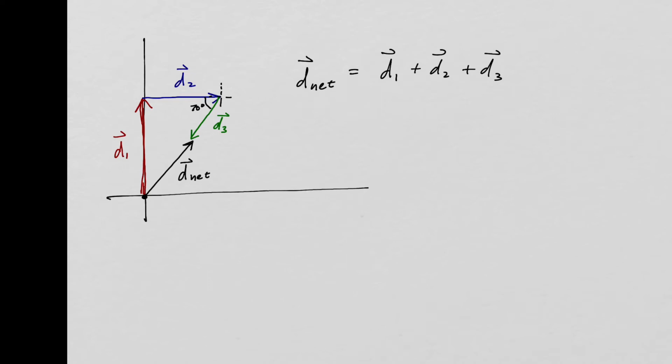Okay, so in order to answer this question, I need to find the components of each of those displacement vectors, of D1, D2, and D3 first. Then I can add the components together to get d net. So how do I find the components? Well, I'm going to draw each one separately.